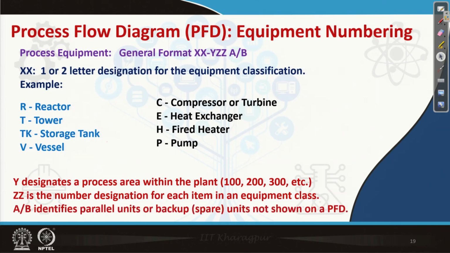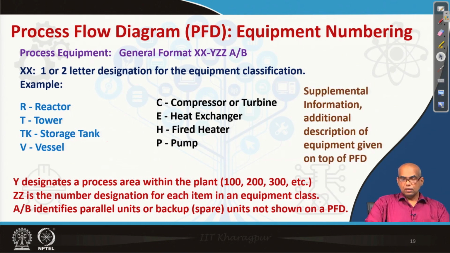And finally, A/B identifies parallel units or backup spare units not shown on a process flow diagram. Supplemental information or additional description on equipment is given on top of the process flow diagram.